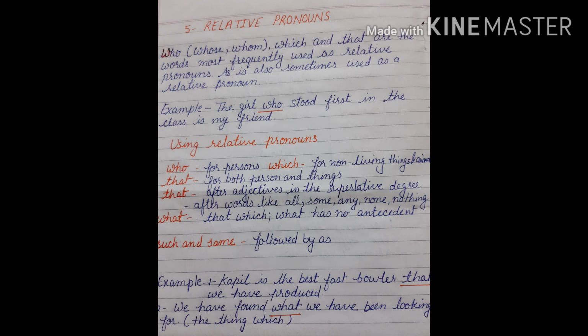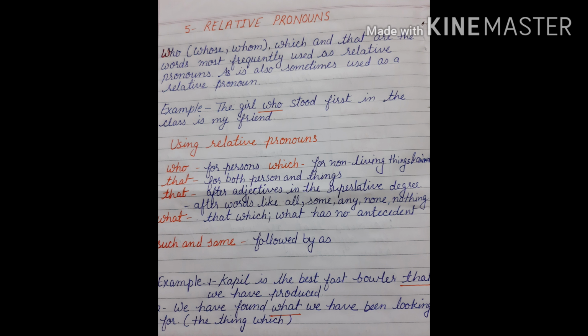Using relative pronouns, we use who with persons only, and which is used for non-living things and animals. That is used for both person and things. That is also used after adjectives in the superlative degree or after words like all, some, any, none, nothing.